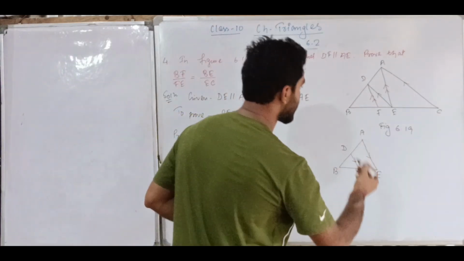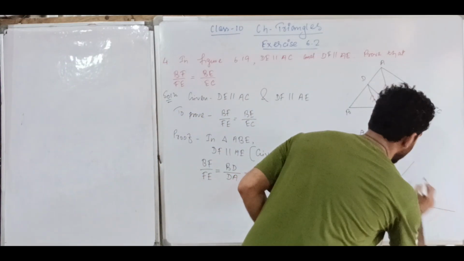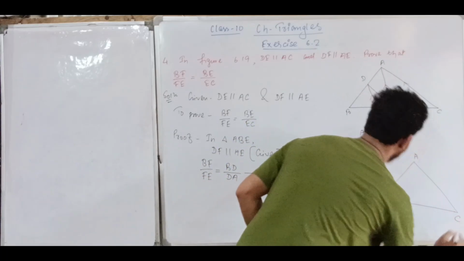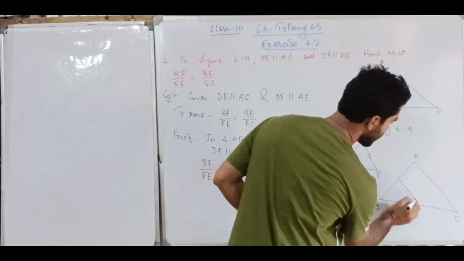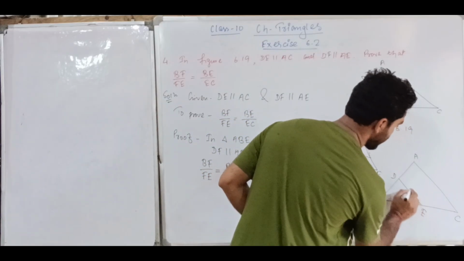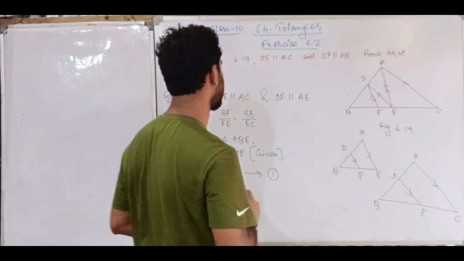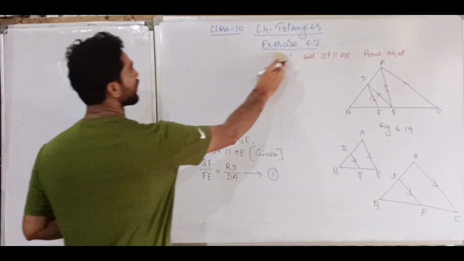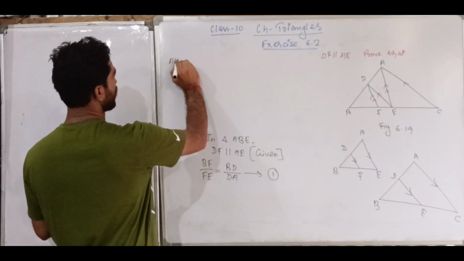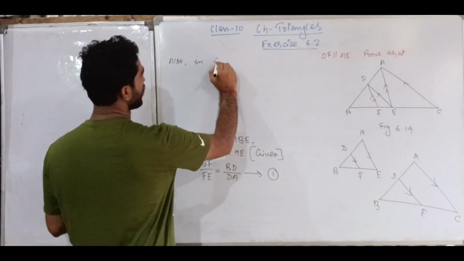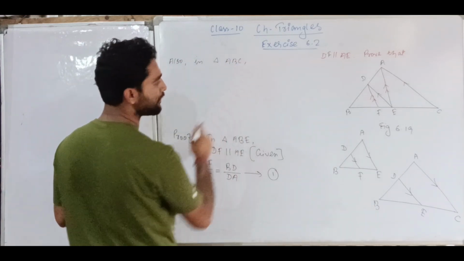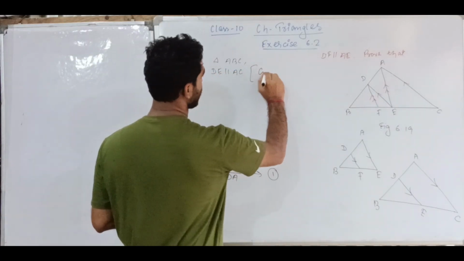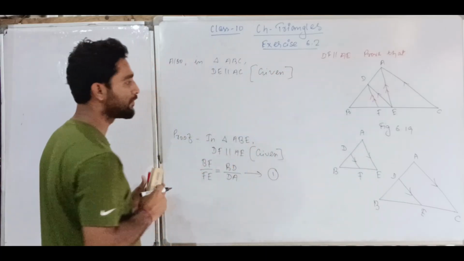Now we can see another triangle, that is triangle ABC. In this triangle, DE is parallel to AC. This information is given in the question.